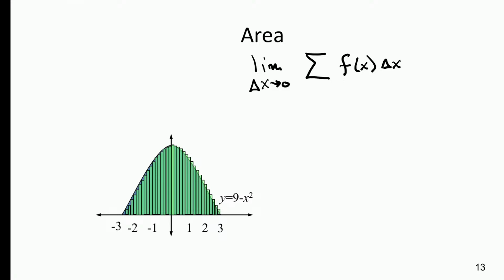And I'm being a little bit loose with my notation, but that's okay. I just want to make sure that we understand the general structure. So the limit of that is equal to this definite integral from a to b I'll go with.